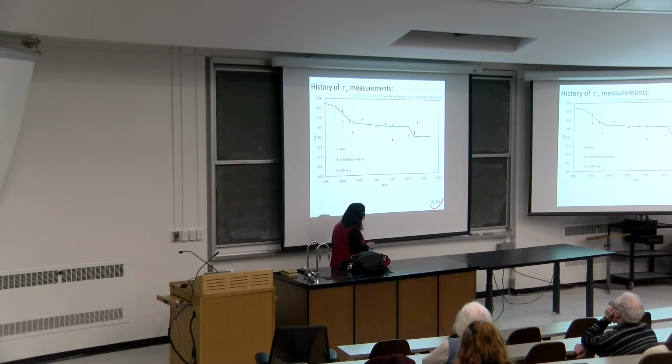This is many, many sigma away from the world average, which is the blue curve at that time. It took about 5 years for people to be convinced that perhaps there's some credibility to this measurement, and then they decided to shift the world average down closer to the shorter lifetime measurement. So that's a sudden change here.